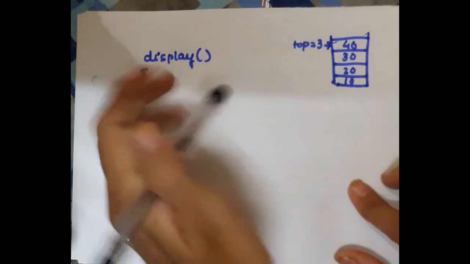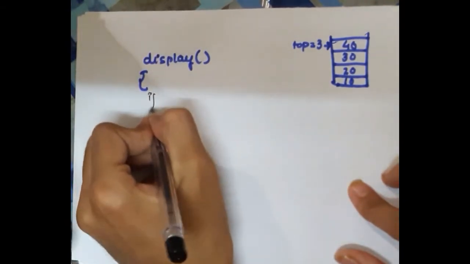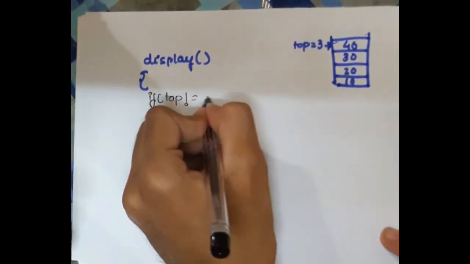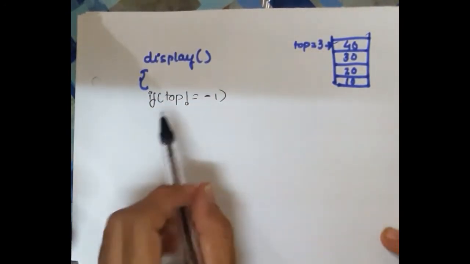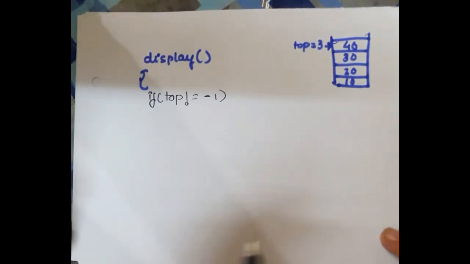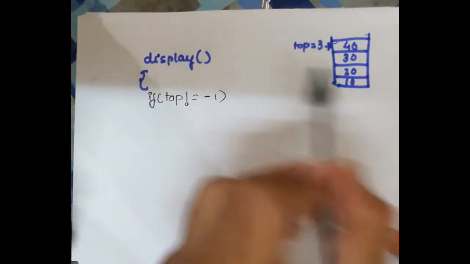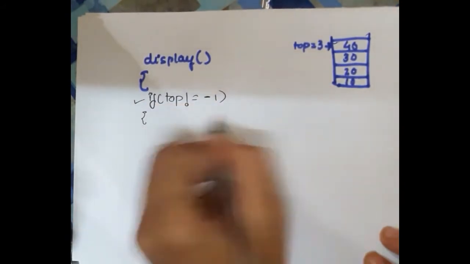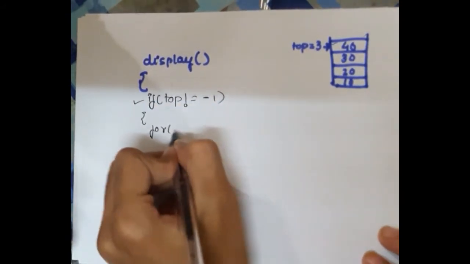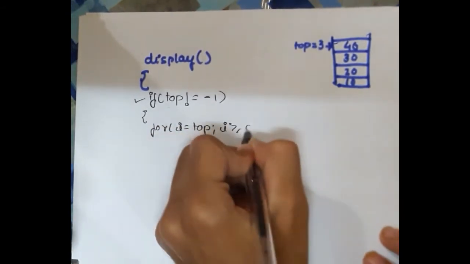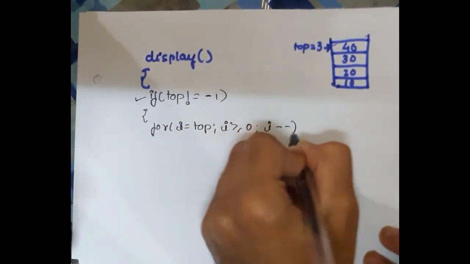So the condition is: if top is not equal to -1, because if top is equal to -1, which means the stack is empty, and if the stack is empty, there is nothing to display. So top should be not equal to -1. Okay. So if this condition is true, then for I equals to top, I greater than equals to 0, I minus minus.